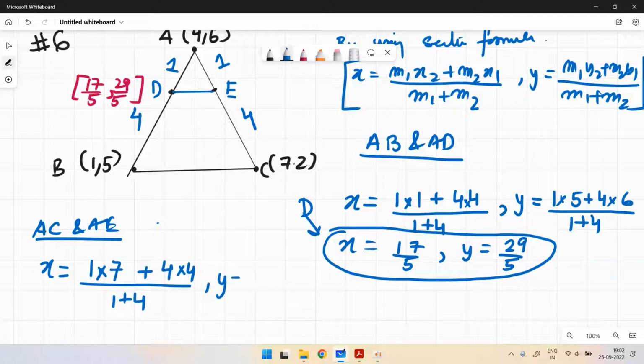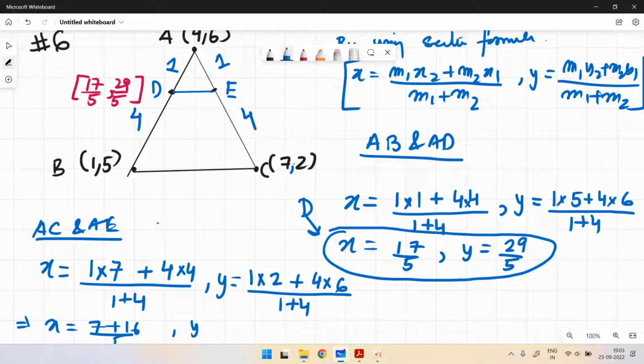And y is m1 y2, m1 is 1, y2 is 2, plus m2 is 4 and y1 is 6, by 1 plus 4. x is 7 plus 16 by 5 comma y is 2 plus 24 by 5.